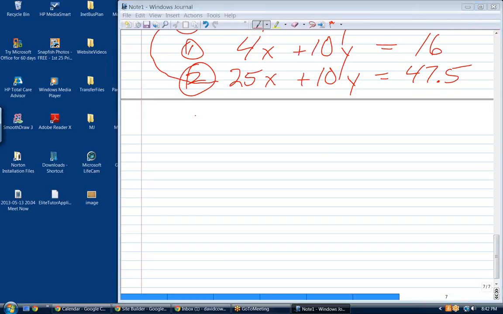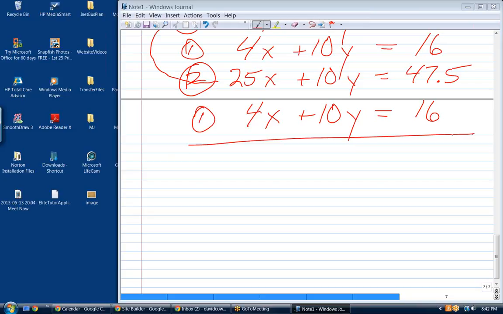And I can choose to subtract one from the other. Just to make things a little bit easier, I'm going to put the smaller equation underneath. In other words, I'm going to write this 4x here. This is equation 1. And I'm going to subtract equation 1 from equation 2.